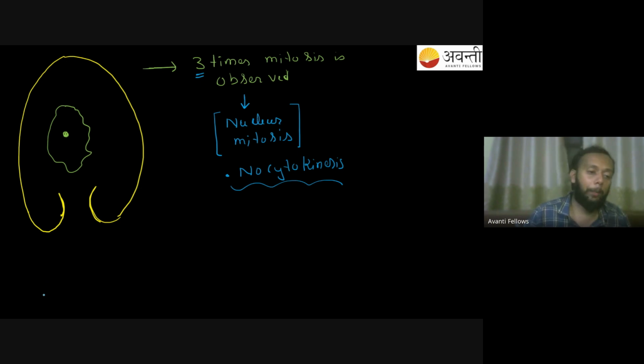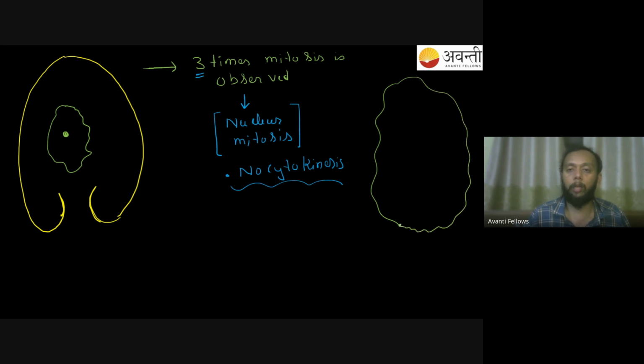So now what will happen? Assume that this is my large megaspore, and now you will get to see 8 nuclei. If the nucleus undergoes 3 times mitosis, then the number of nuclei you will have is going to be 8.